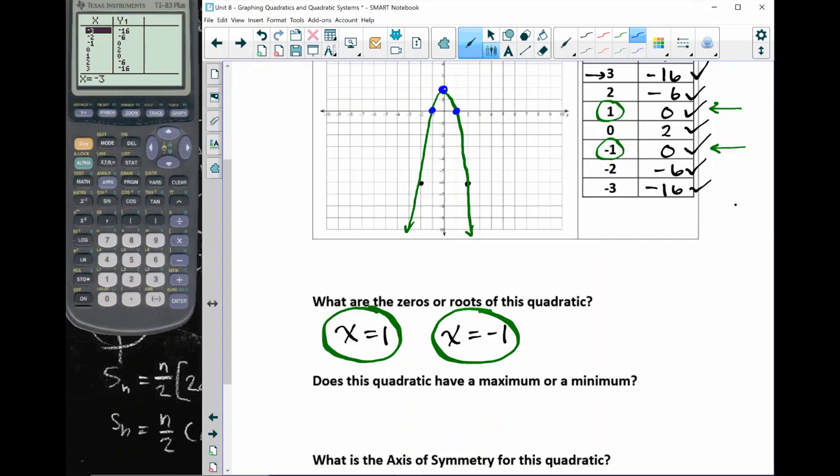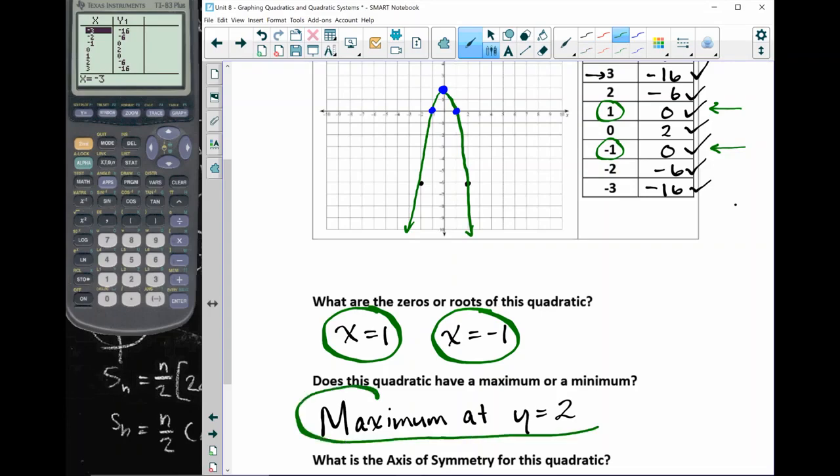And that's at y equals 2. If you look, here's where y equals 0. I'm moving up 1, 2. So my line has a maximum at y equals 2. That would be the answer to that question.